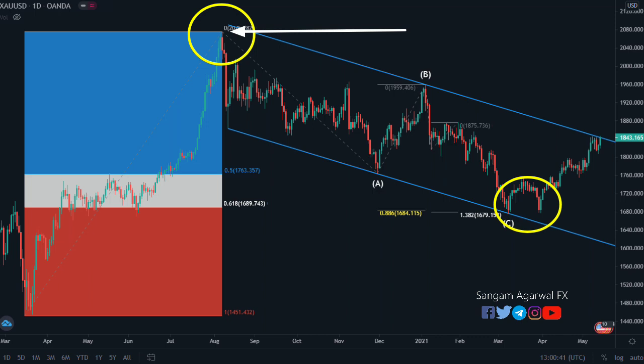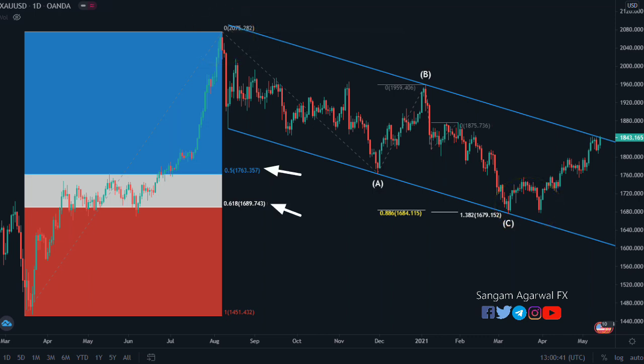Because you have an understanding of the previous trend, you already drew your Fibonacci retracement and bought at the 50% retracement at 1763, taking profit at previous resistance, selling again at previous resistance. Now you have 2 points to draw a parallel channel, a correction in the middle of the channel, selling at the end of the correction at the upper trend line, taking profit at the lower trend line, buying again at the lower trend line.